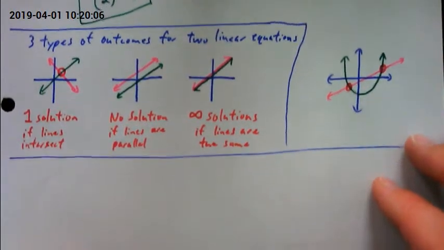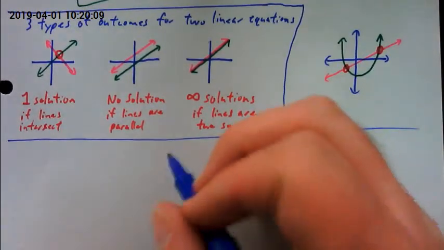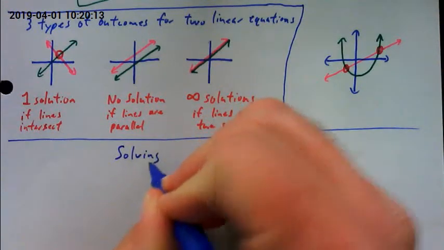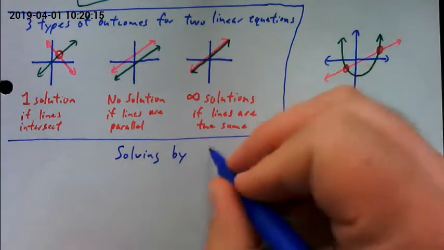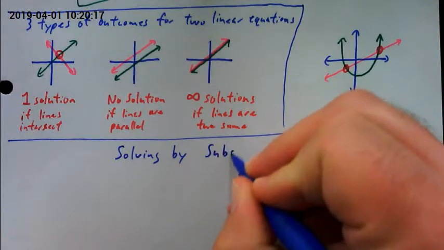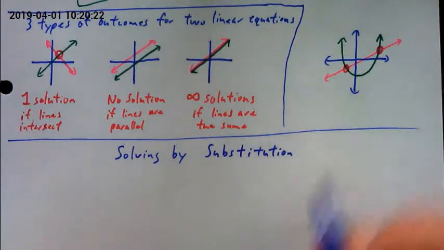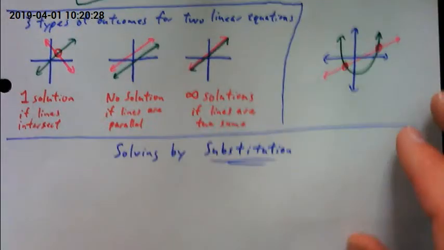So now, the next method of solving is going to be solving by substitution. Now, this one isn't the shortest process, all right?